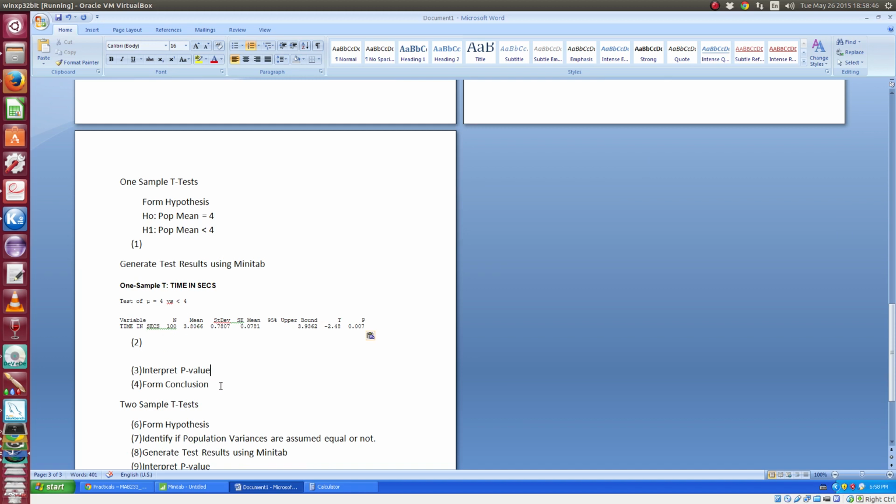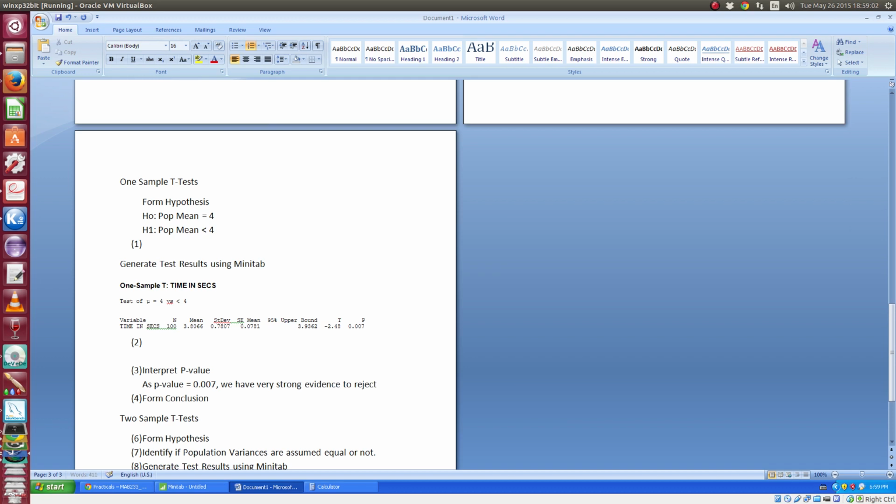Okay, so the thing that we now need to do is interpret the p-value. Just like with anything else, it becomes a very simple task. As the p-value equals 0.007, we have very strong evidence to reject the null hypothesis and accept the alternative hypothesis.